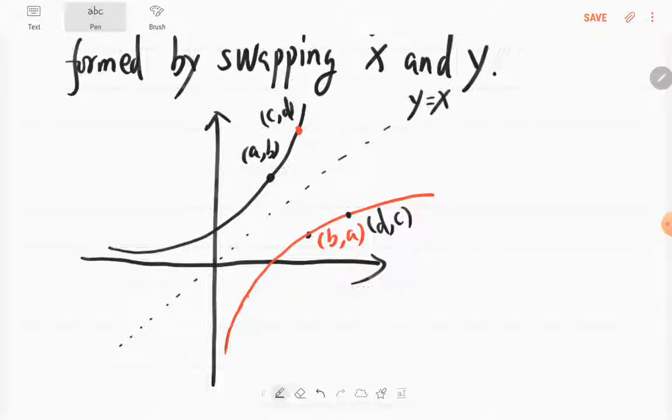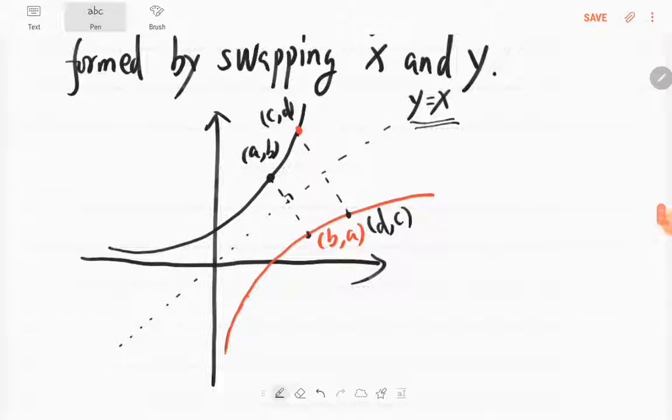If you connect these 2 points, the line is perpendicular to the line y equals x. So the graphs of inverse functions are symmetric with respect to the line y equals x.